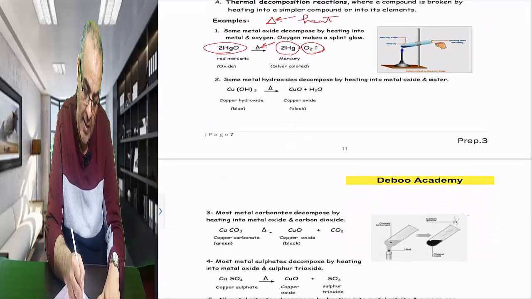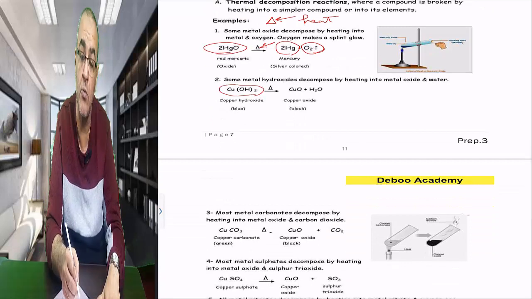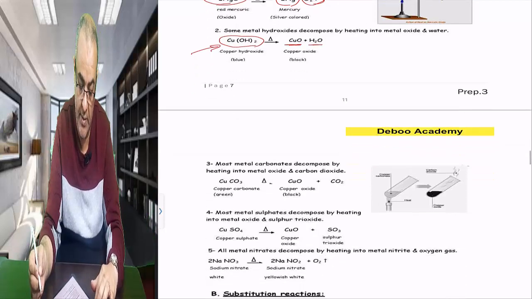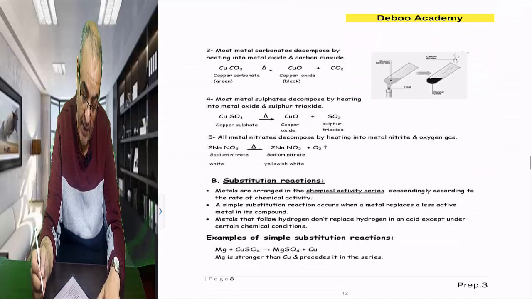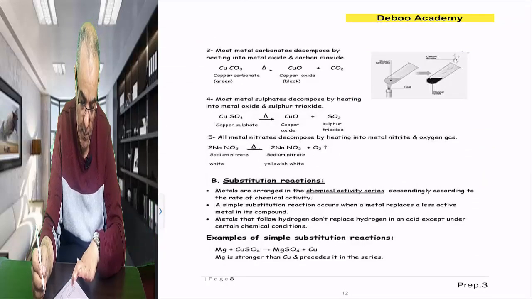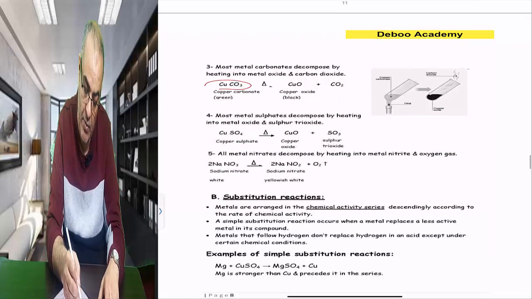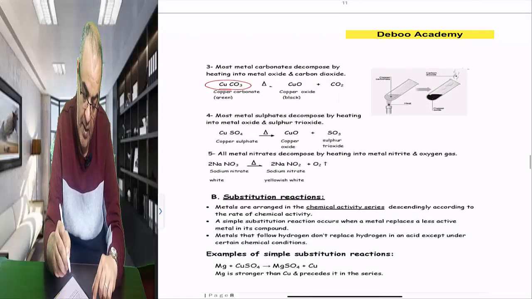Some metal hydroxides, like copper hydroxide, also decompose to copper oxide and water. Again, one compound gives two. We call it thermal decomposition. Here, copper carbonate gives copper oxide and carbon dioxide.